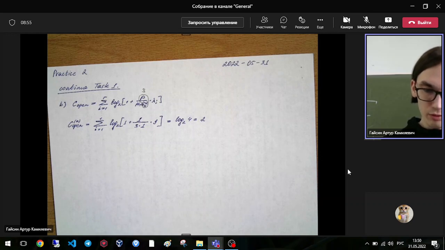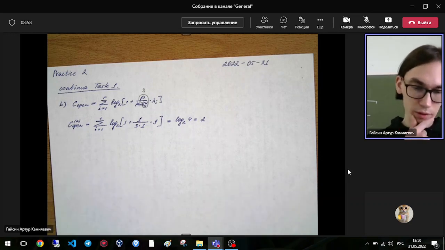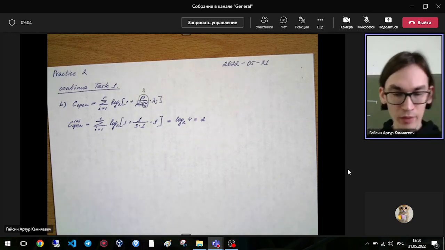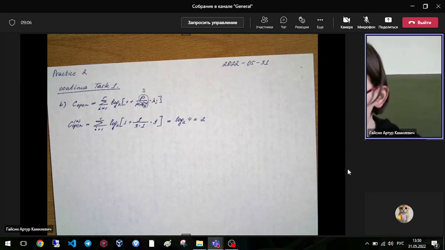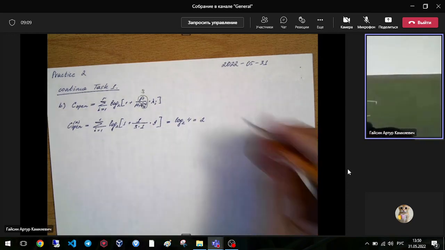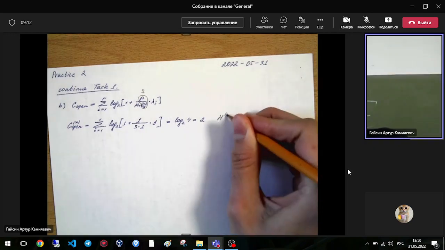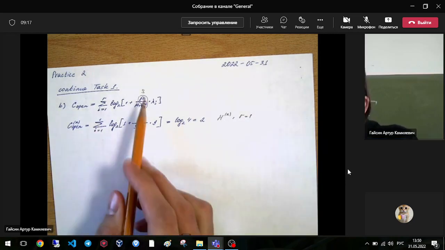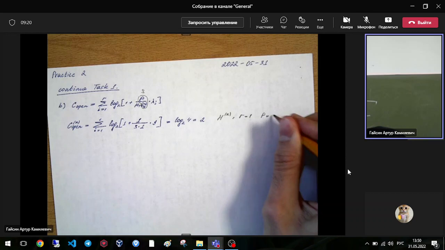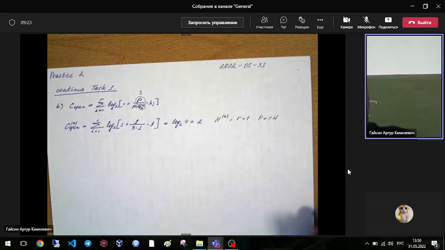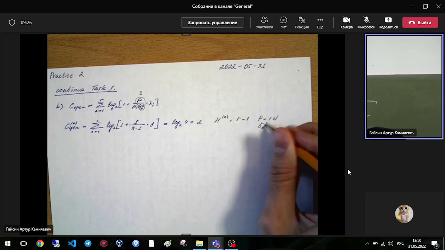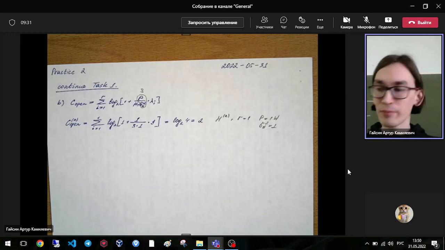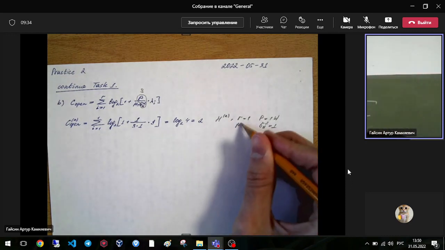Yes, it's very strange. But let's use 9, because I think using 9 here is the correct one. Then let's assume, of course, that for channel A we have rank equal to 1, then P equal to 1 watt, sigma n squared also equal to 1, and of course the number of transmit antennas is equal to 3.